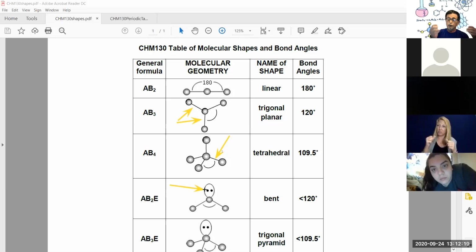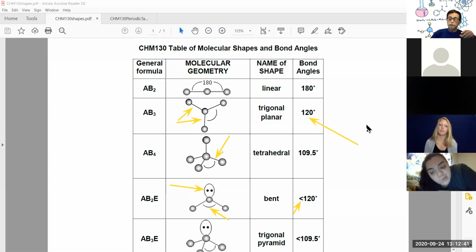They're not being shared with another atom. The result being that the bond angle between the B's is much less than 120 degrees, as compared up here to the trigonal planar configuration. Okay.